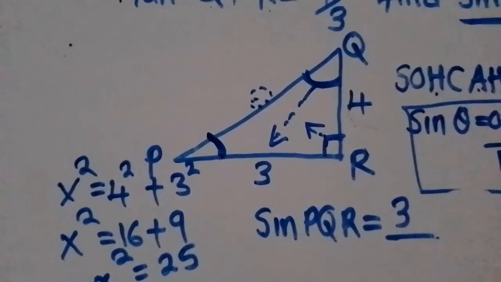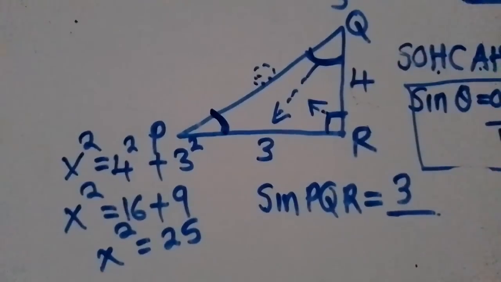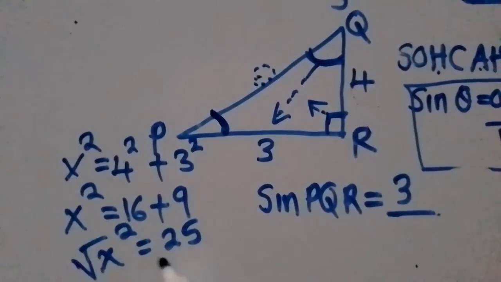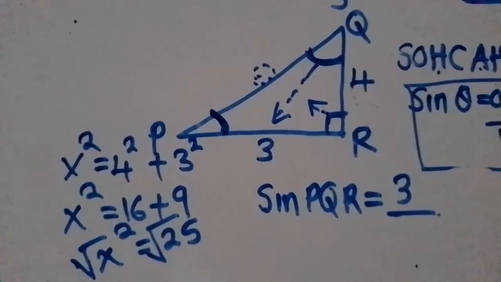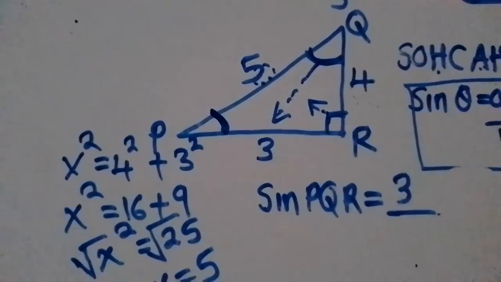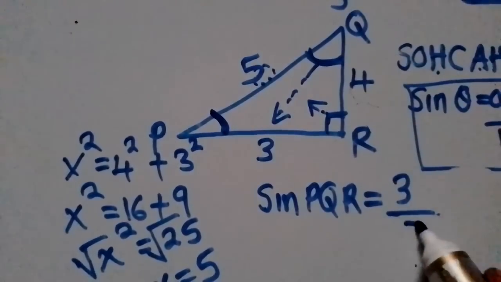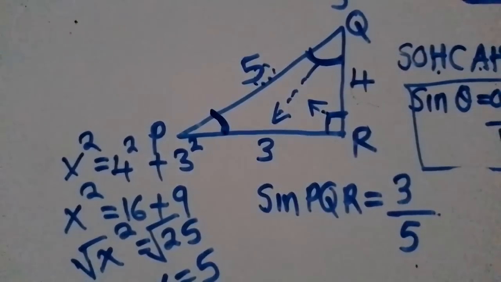You introduce the square root, so x is equal to 5. You found the hypotenuse, which is 5. Then you just put a 5 like that. That's how you need to answer such a question. Those are some of the things that you need to know and understand.